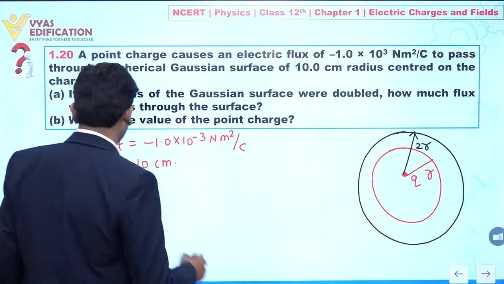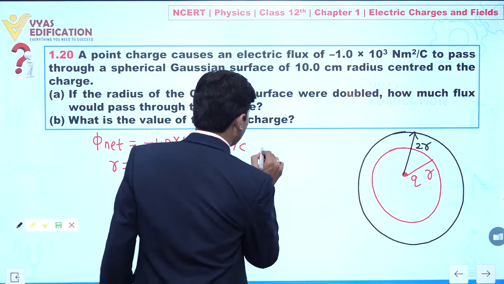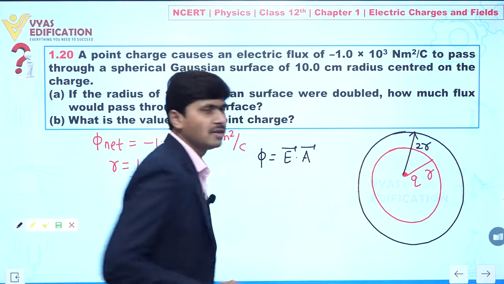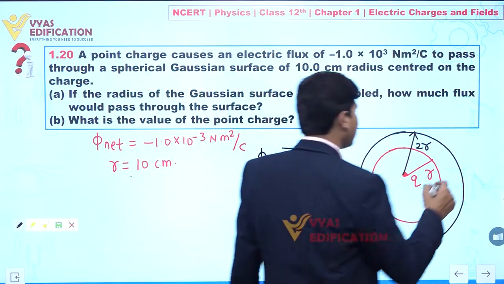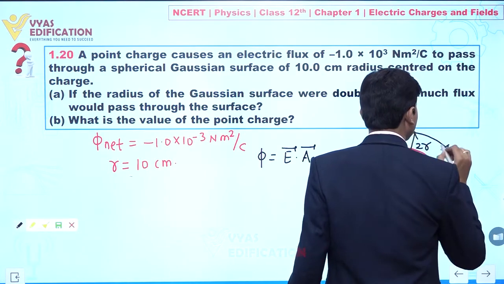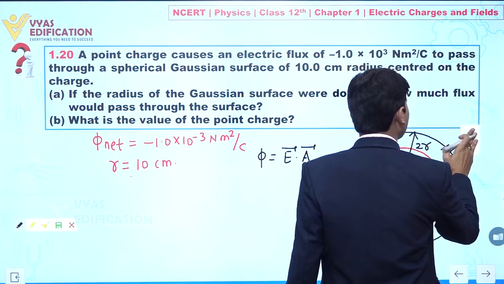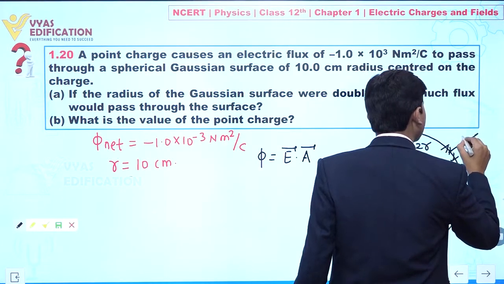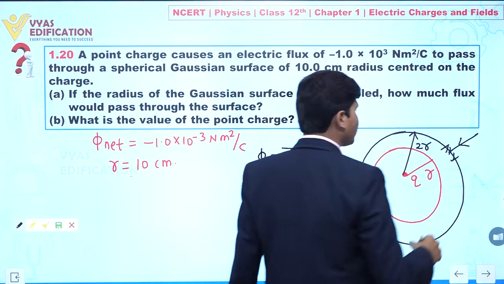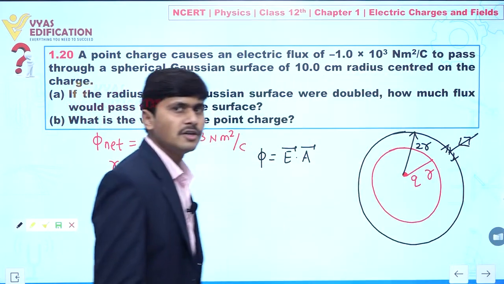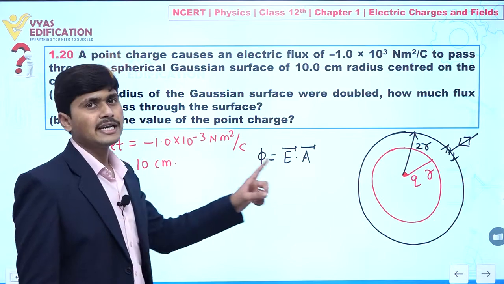So we know the value of phi is given by E dot A. If we take any cross section, we can say E and A both are in the same direction, because this is a negative charge, so the electric field lines are going in this direction, and the area vector is in the outward direction. So we will find the same situation at each point.